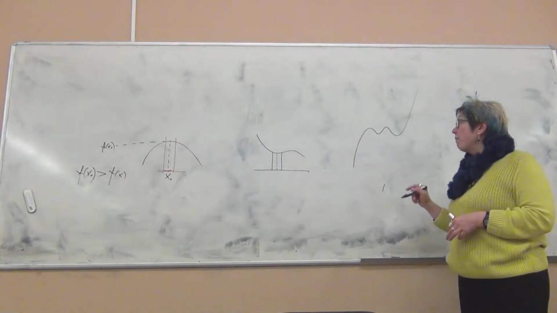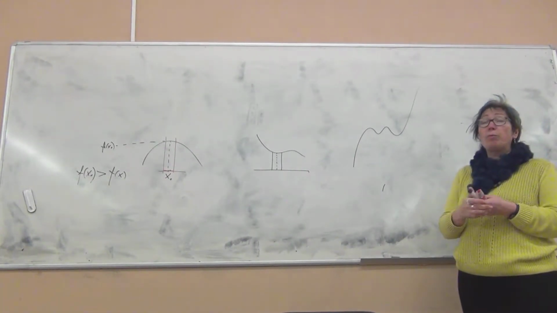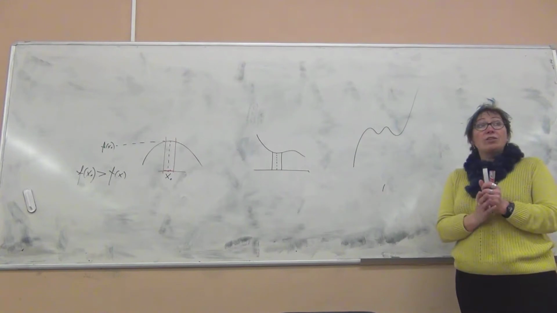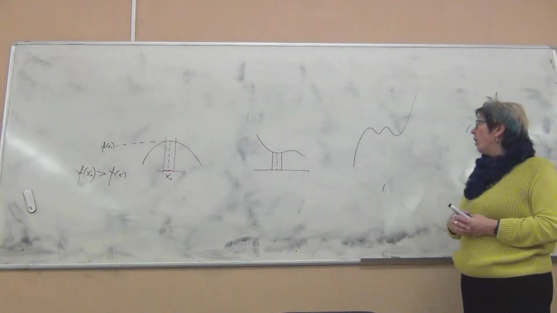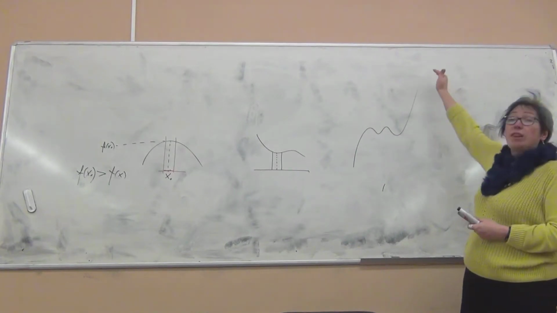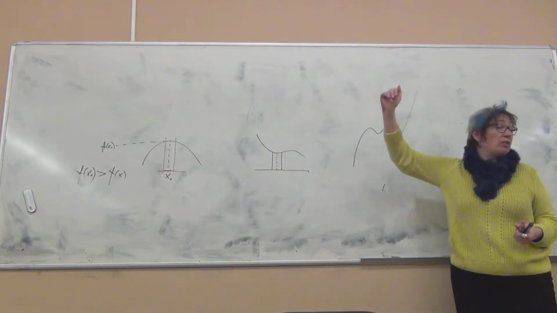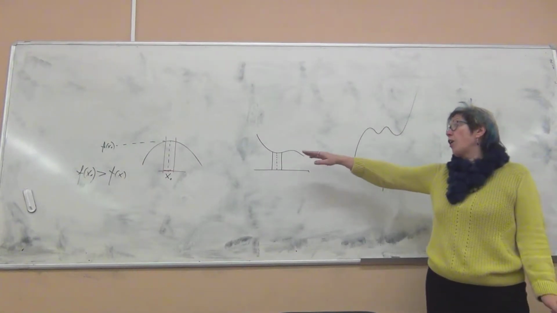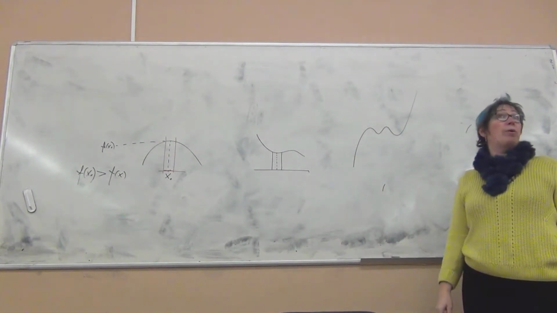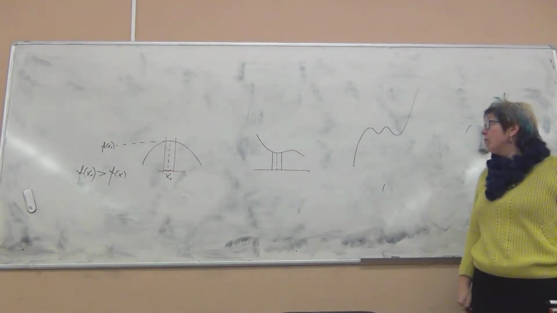So this is the definition of a minimum or maximum point, by which we understand the local minimum, the local maximum. Because of course the function will increase and decrease, and it's not necessary for a function to have one minimum or one maximum point, or to have any.